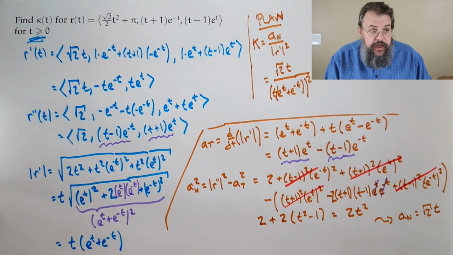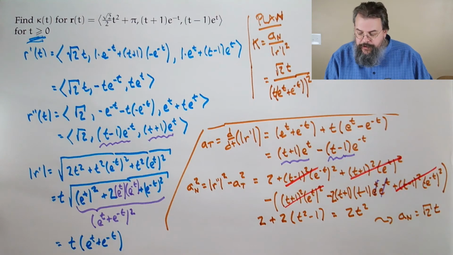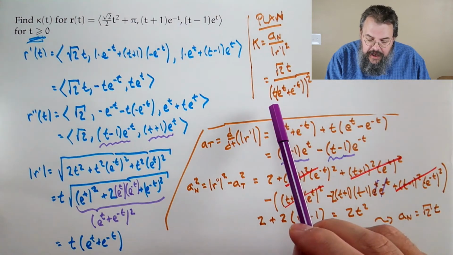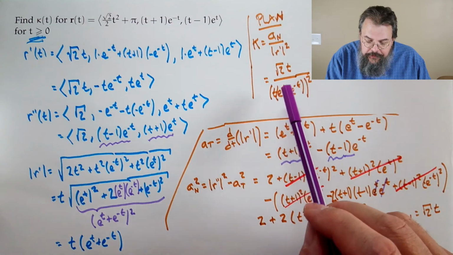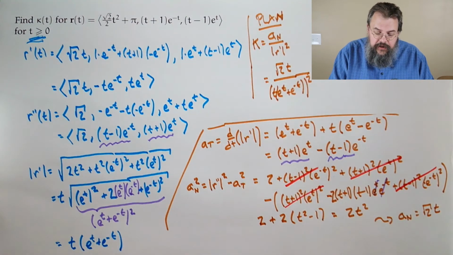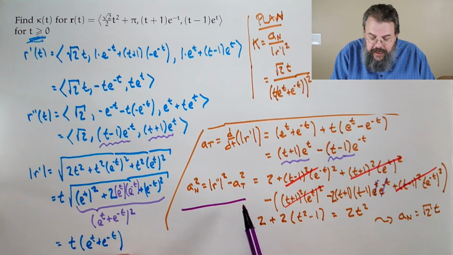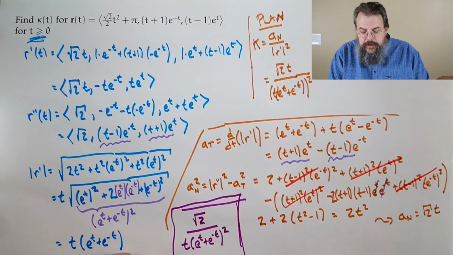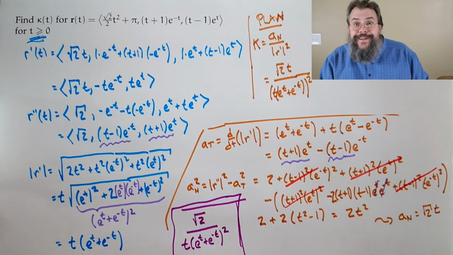I don't know if we really have space, but we'll squeeze it in down to this bottom corner. Notice you have a t squared, and then you have a t. So you could write it as the square root of 2 divided by t times e to the t plus e to the minus t squared. And there you go. That's it.